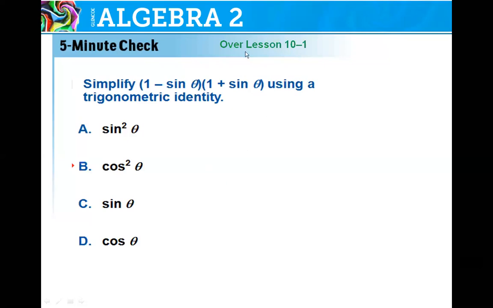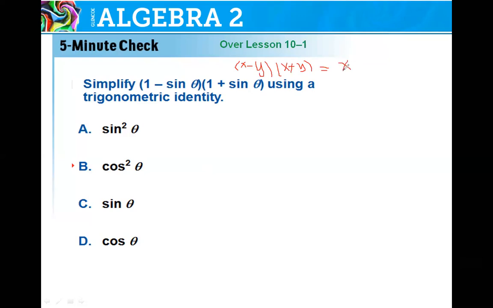Khalid, I give you a hint. If you have x minus y in one bracket and in the other bracket x plus y, what is the result? Perfect square? Not perfect. This is a difference of two squares.